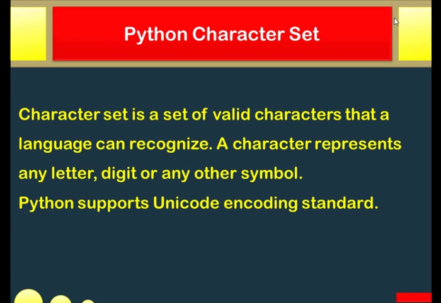Actually, when I press A, this A is producing a certain type of code. That code we call Unicode. These Unicodes are the standard codes that have been given to each and every character that we use.